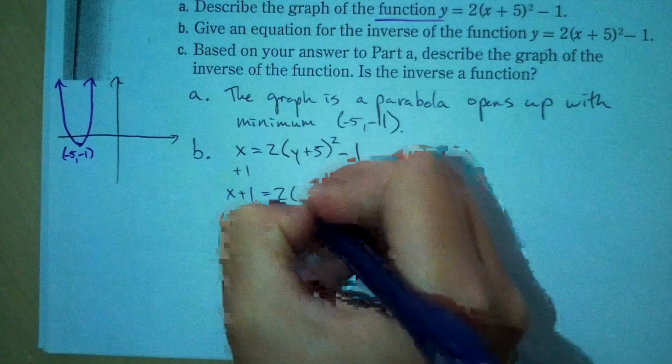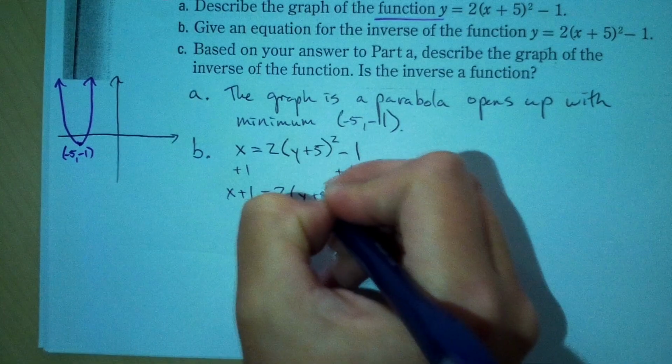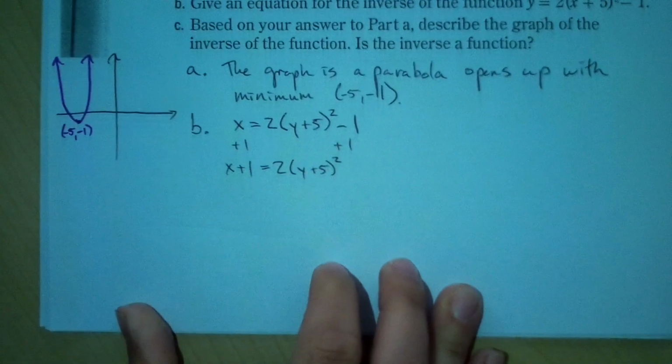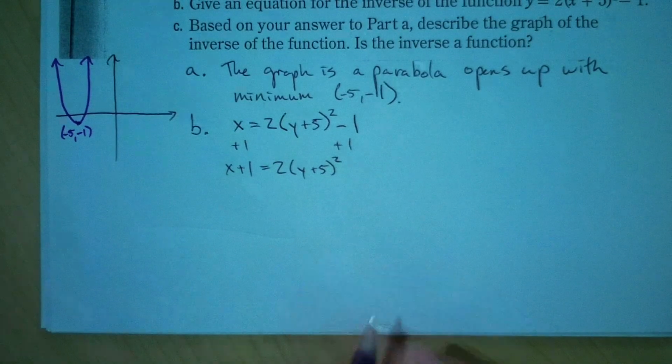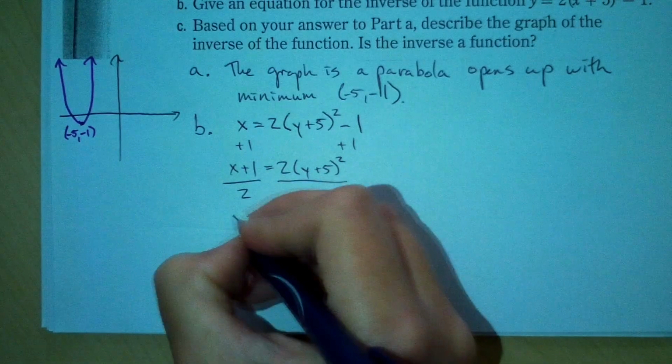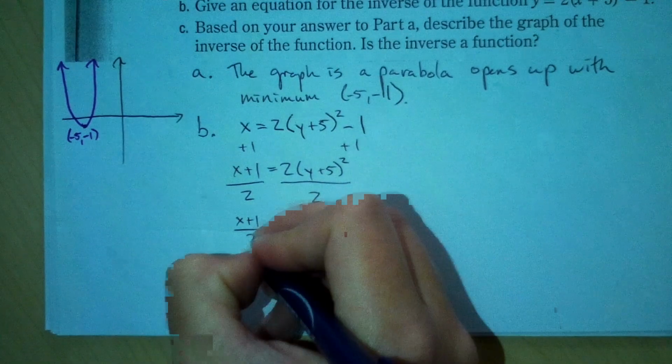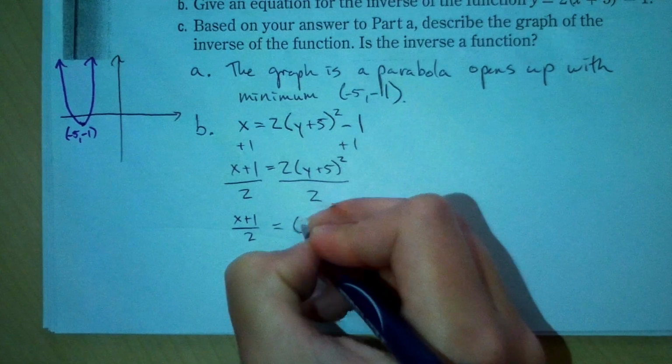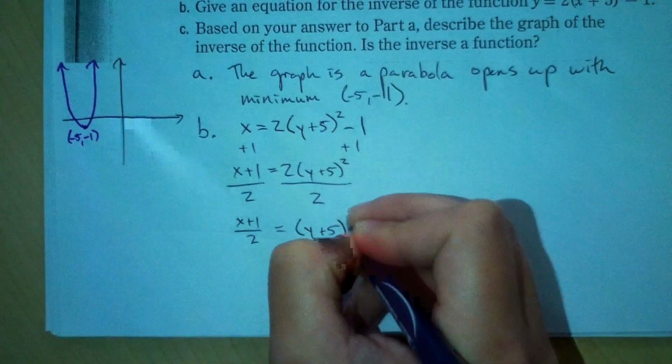And then last step, to get rid of that add 5, I'd subtract 5. So my final answer here for what I can plug in the calculator is y is equal to -5 plus or minus square root of x plus 1 divided by 2.